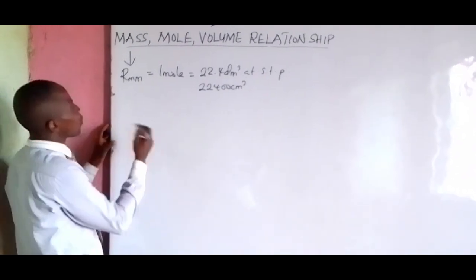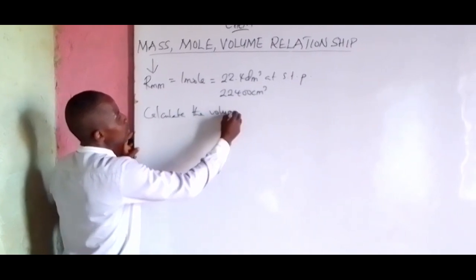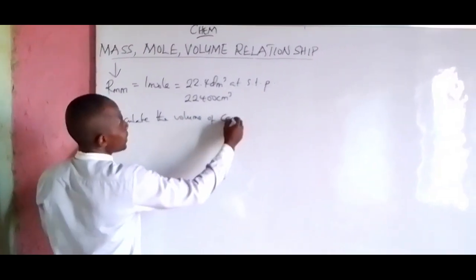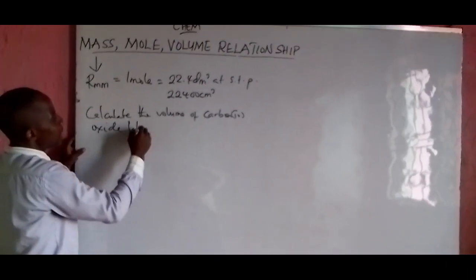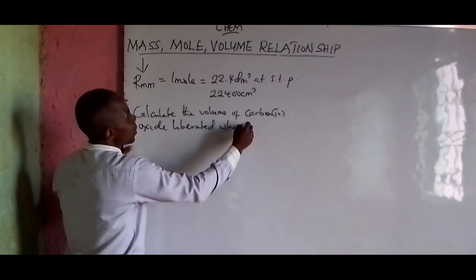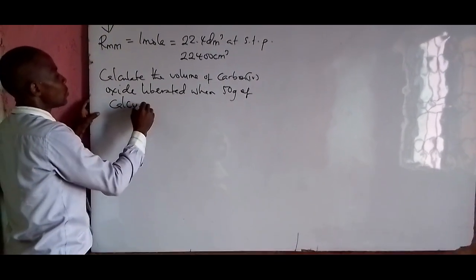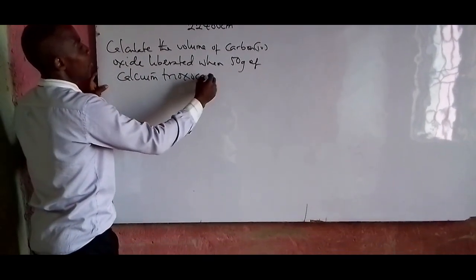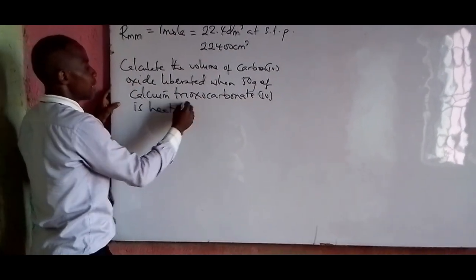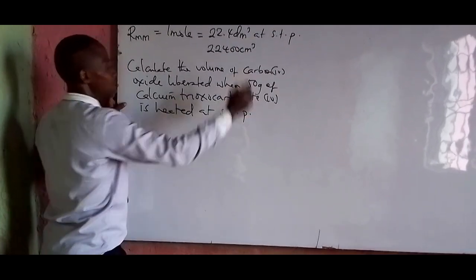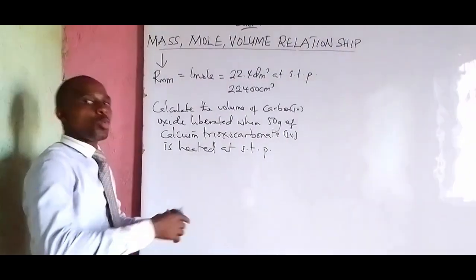Now you can have a question like: calculate the volume of carbon dioxide liberated when 50 grams of calcium trioxocarbonate IV is heated at S.T.P. This is a kind of question you see always.